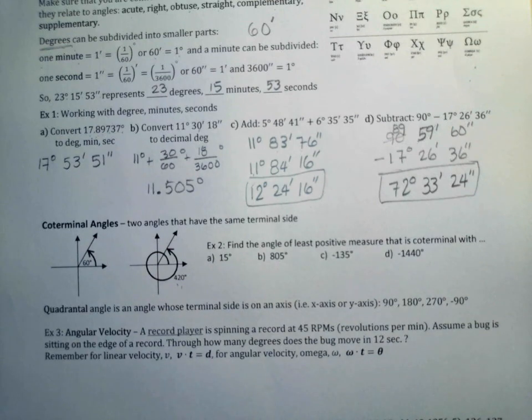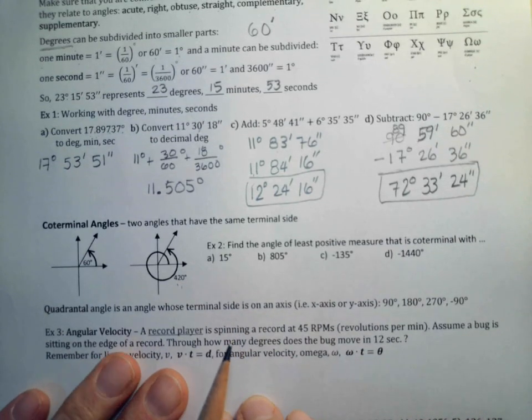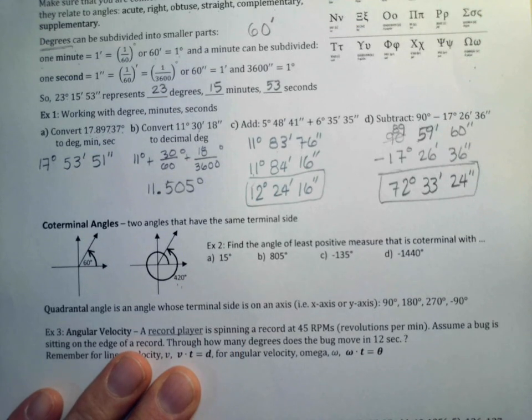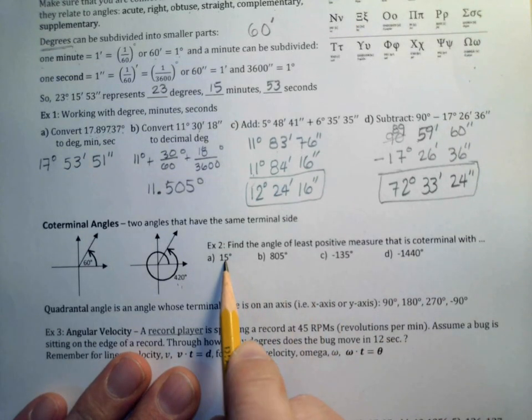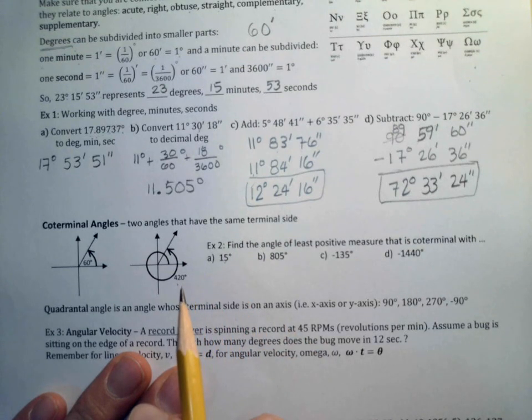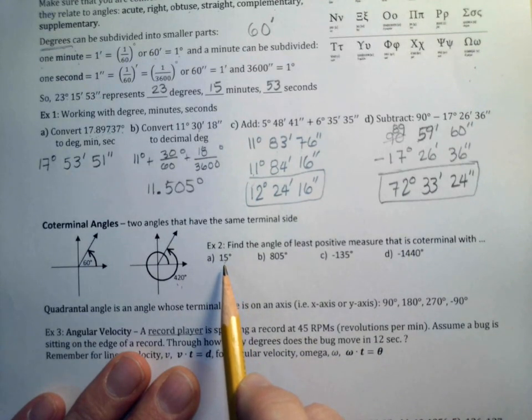Two angles that have the same terminal side differ by factors of 360 degrees, either subtracting or adding 360 degrees. So 15 degrees, what would be one coterminal angle? There's an infinity of these. You could just keep adding 360 or subtracting 360s and get lots of them.